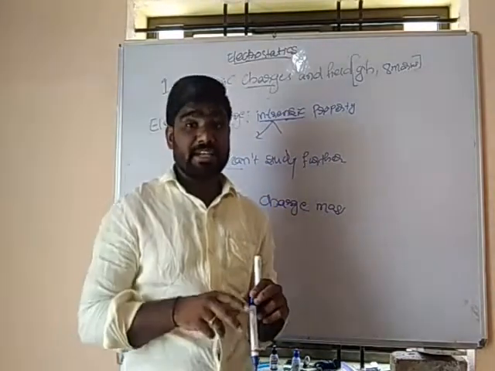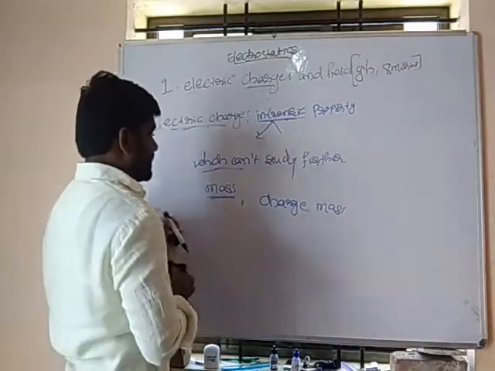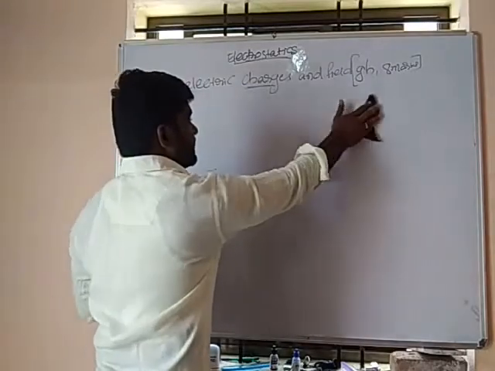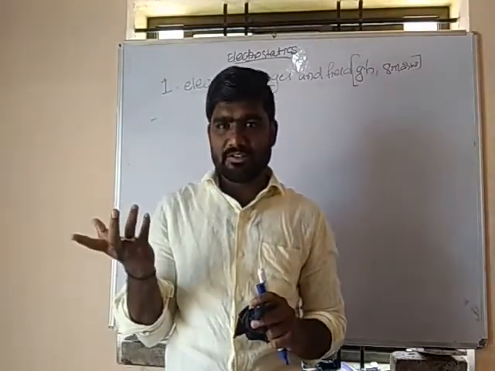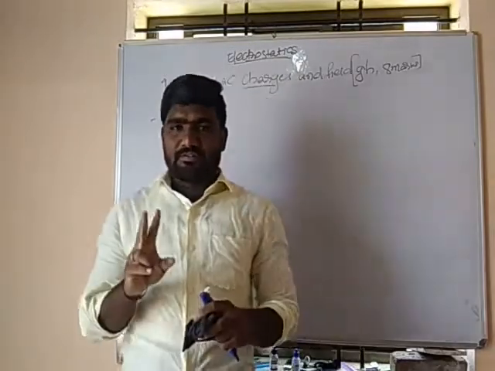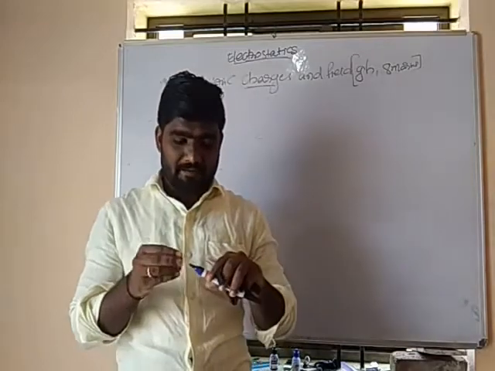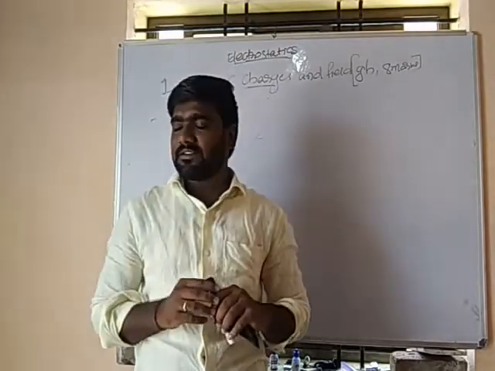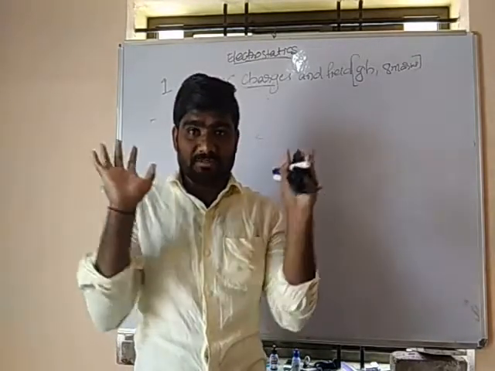Types of charges we can study. So there are two types of charges: one is positive charge, the second is negative charge. If both are of the same kind, there must be repulsion. If positive and negative are there, there must be attraction.